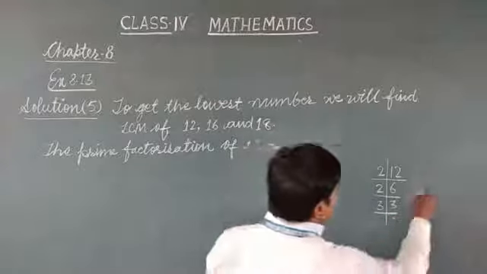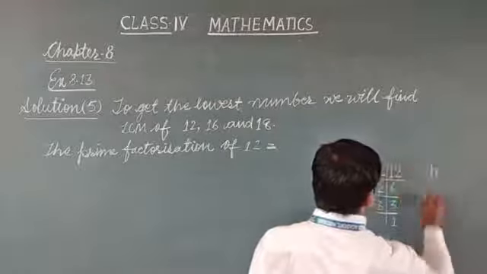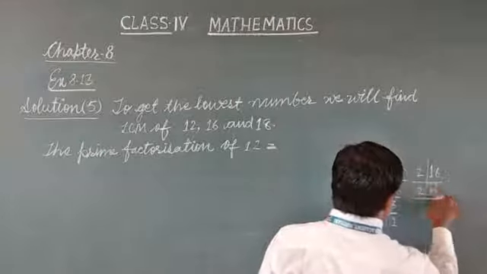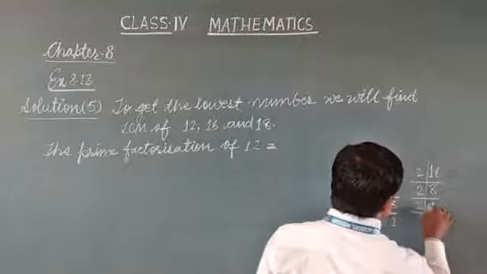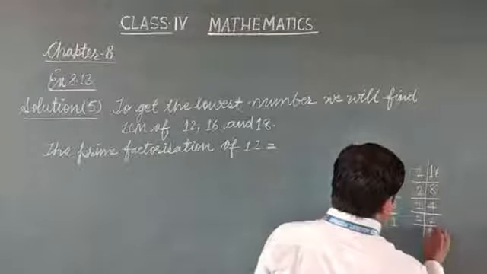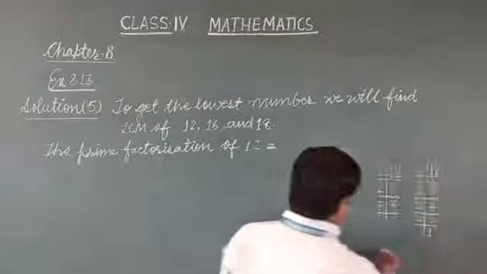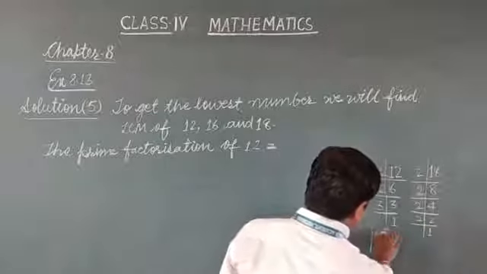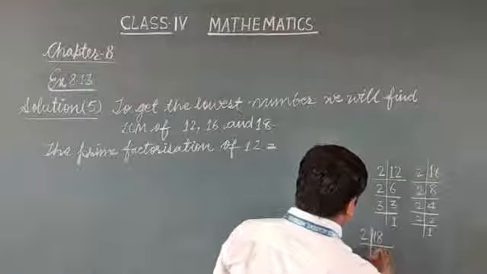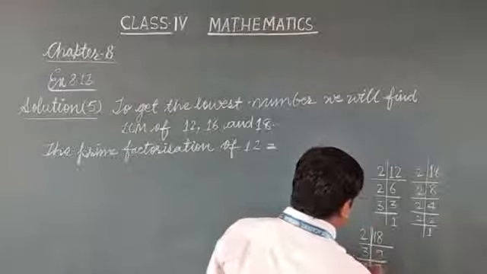Next is 16. 2 eights are 16, 2 fours are 8, 2 twos are 4 and 2 ones are 2. Now we are having 18. Here I am writing 2 nines are 18, 3 threes are 9, 3 ones are 3.